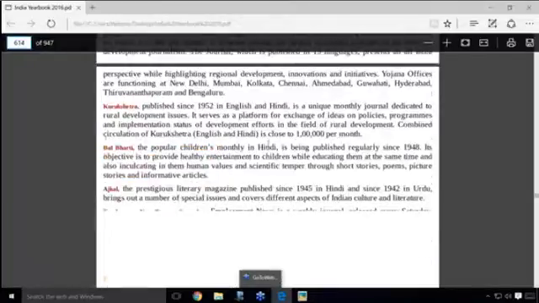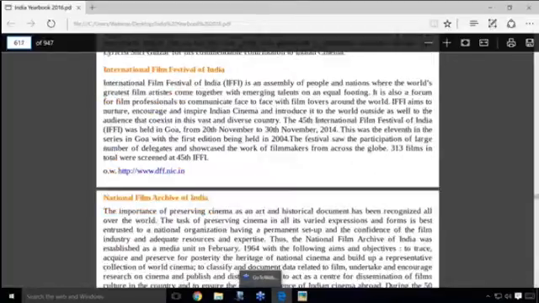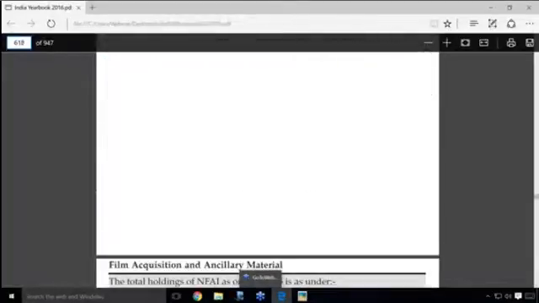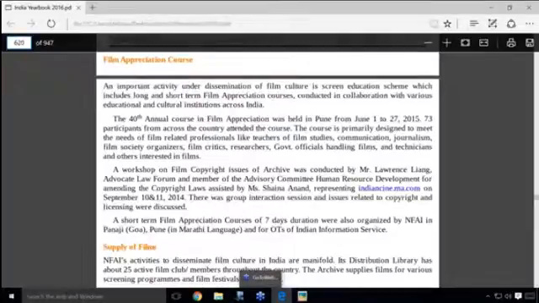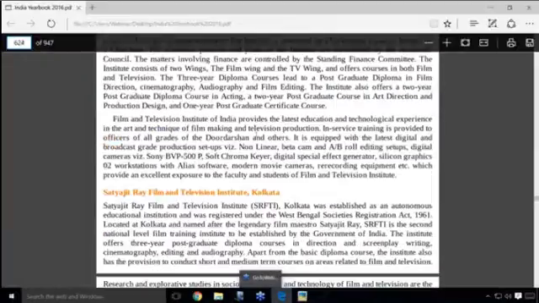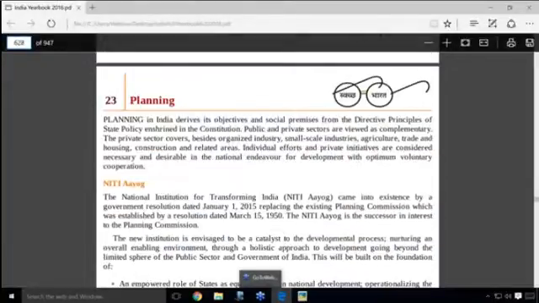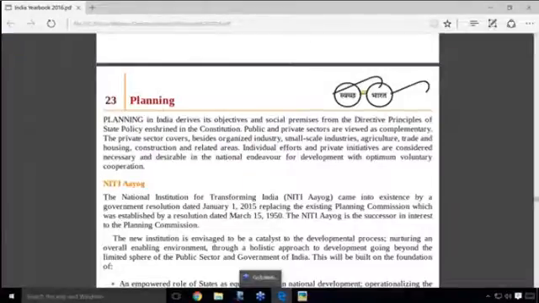That is planning. Page 695, planning. So we all know that the Planning Commission is replaced by Niti Aayog today, so it's important for us to read it carefully.